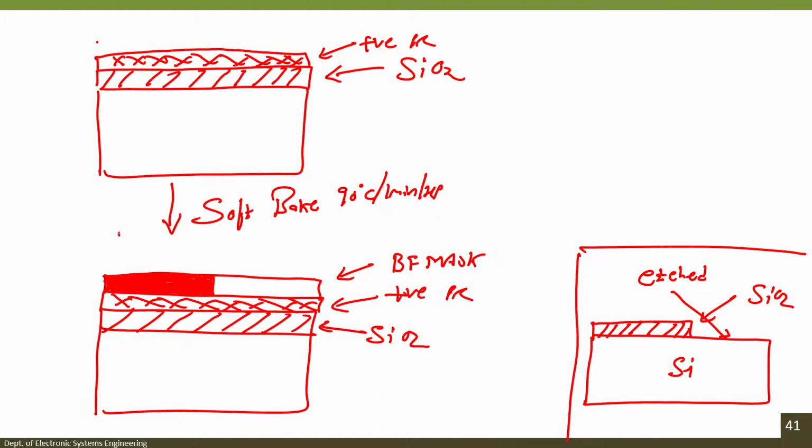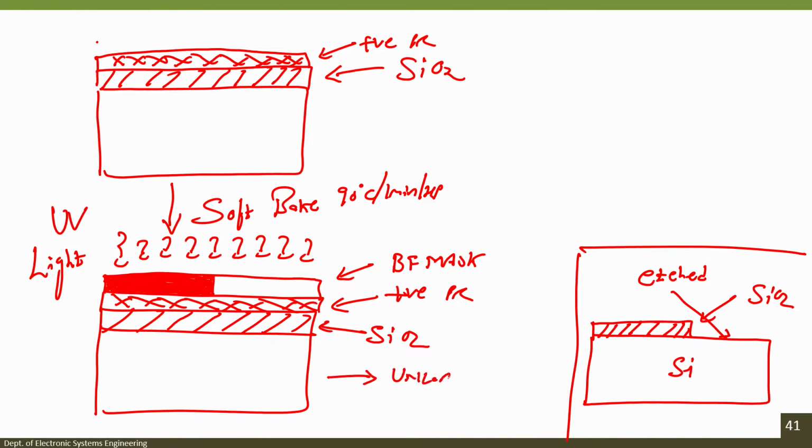After that, you have to expose this wafer using UV light. After exposing, you have to unload the mask, right. After exposing, unload the mask and develop the photoresist.